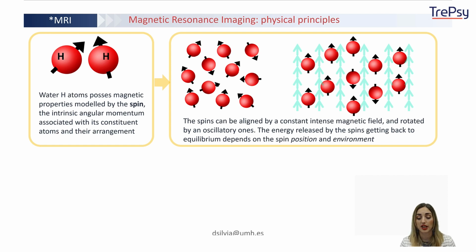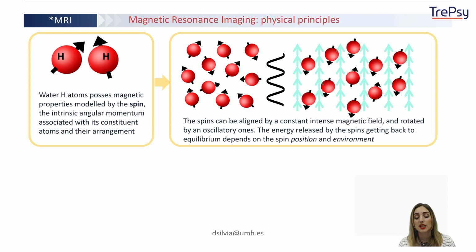So this is the first thing. The spin of the water contained in the body, in the brain, can be aligned by a constant intense magnetic field. And also, if we superimpose on this constant magnetic field a smaller one, with less intensity but oscillatory, they can actually be manipulated and rotated.